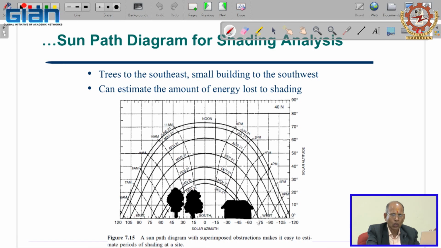This is the meaning of the sun path diagram, particularly when you are planning for a big system. Even for a small system, it is very important to have this understanding. So is it clear, please?